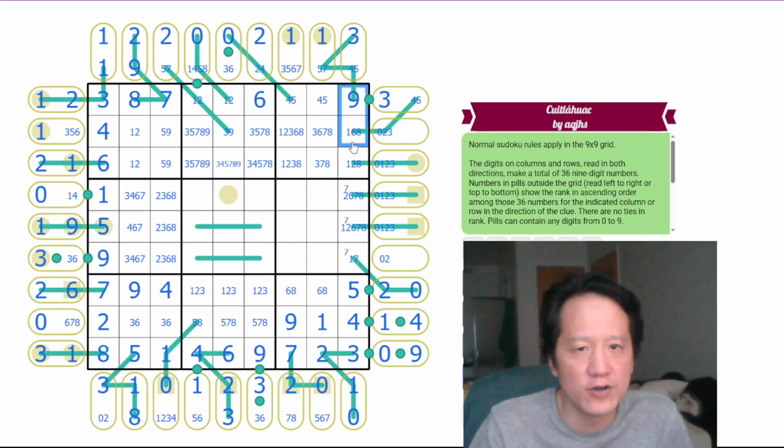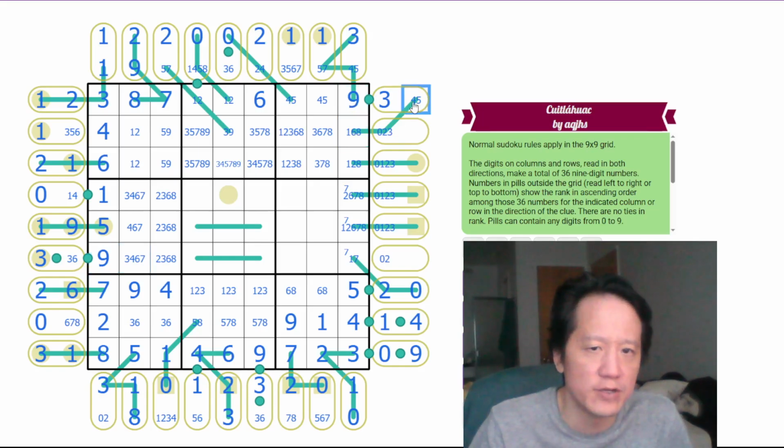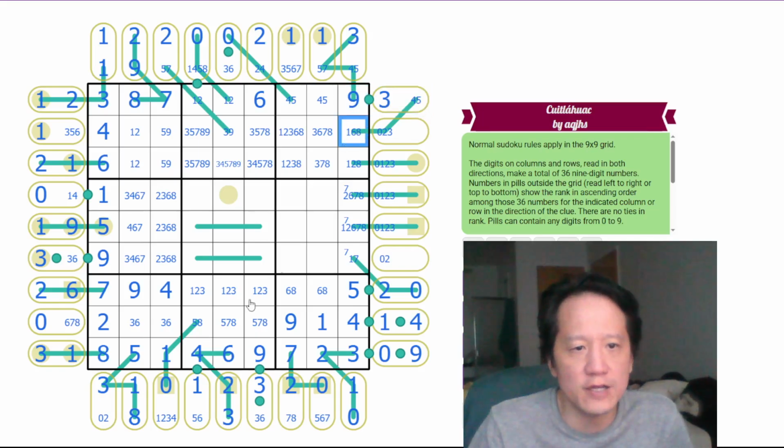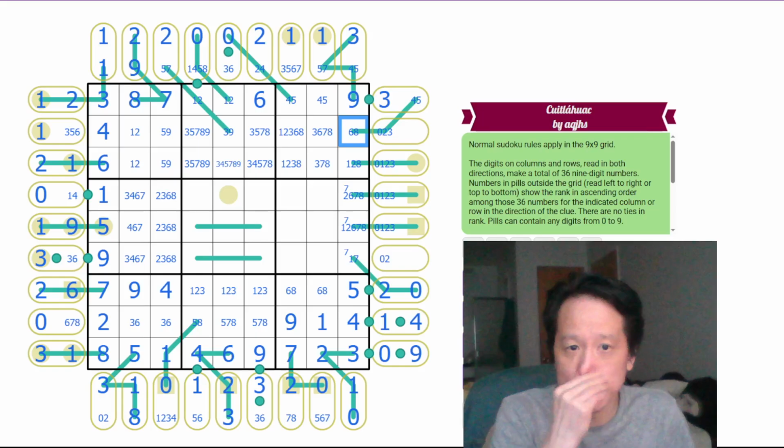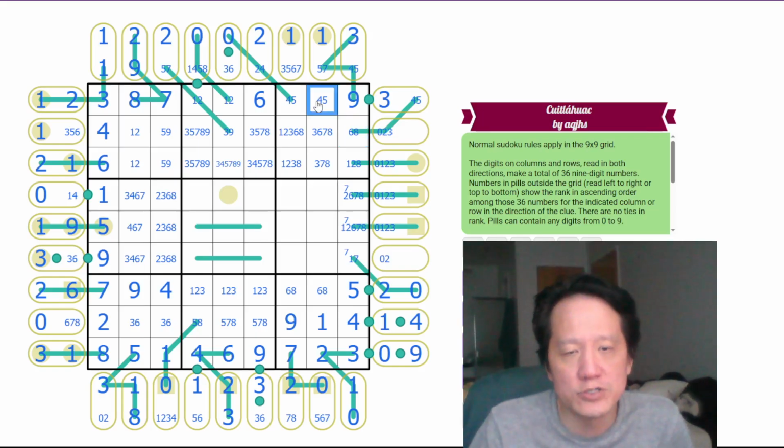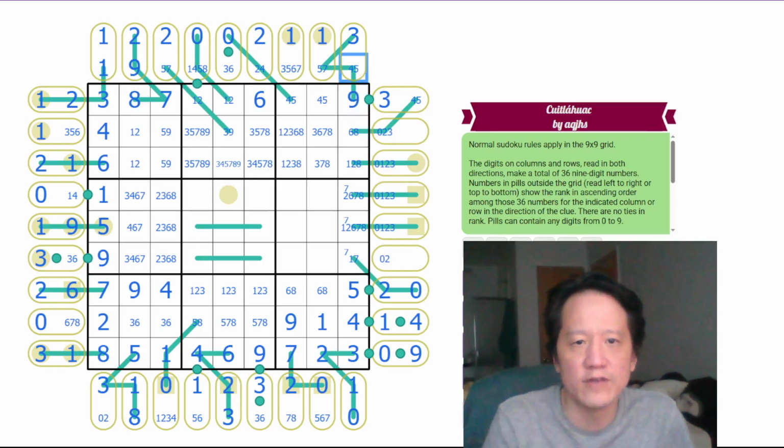Either way, you can never have a 9.1 here because that would be smaller than either of the 33 possibilities, right? So this can never be 1. This has to be 6 or 8, which is always greater than 45. So 9, 6, and 8 is always greater than 9, 4, or 5. Therefore, this is larger. This is therefore 5.